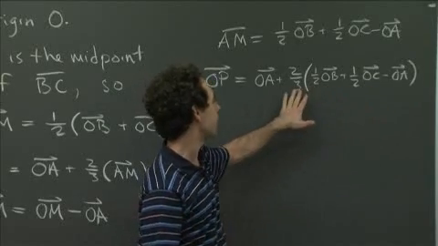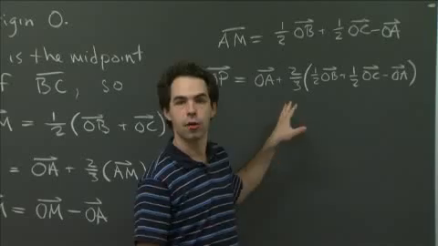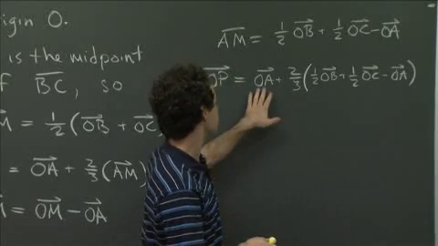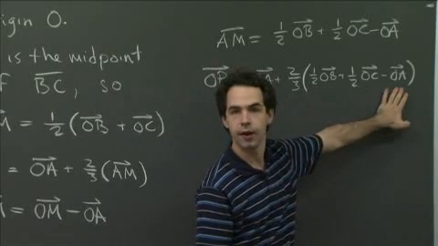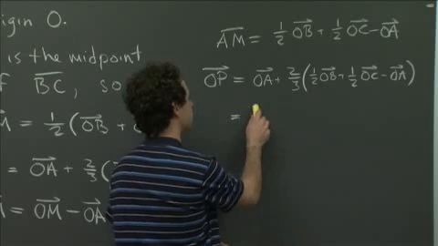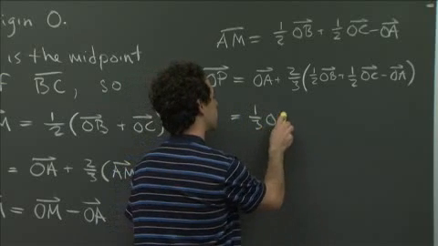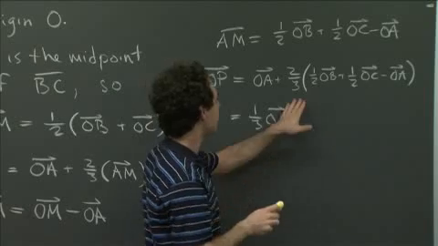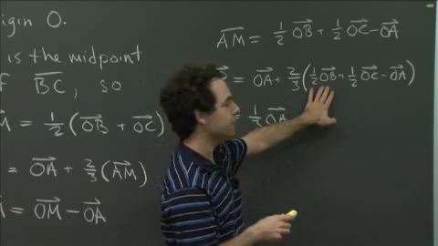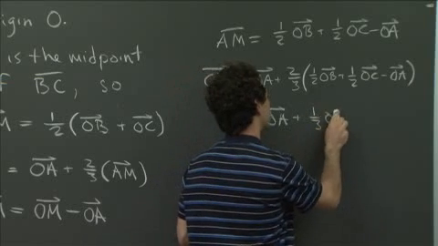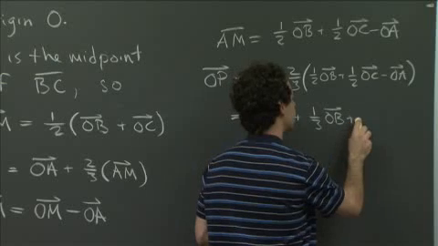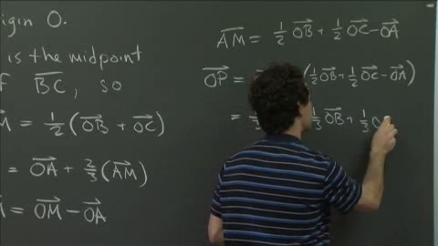And then we can rearrange. We'll have two terms involving OA, and we can combine them. So we'll see we have a plus OA minus 2/3 OA. So that's going to be equal to 1/3 OA. And then we have, okay, so 2/3 times 1/2 OB. So that's plus 1/3 OB plus 1/3 OC.